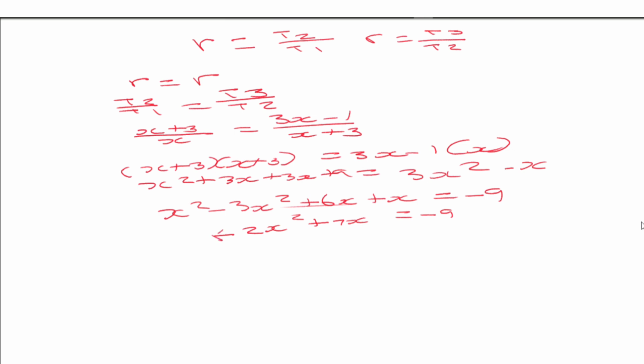So I'm going to multiply the whole equation by negative 1. What you do on the left, you do on the right. So what I get is 2x squared minus 7x. Because I multiplied that by negative 1, it became a positive, but when I bring it over to this side, it stays a negative, which is equal to 0.